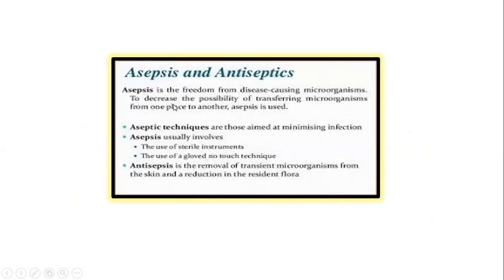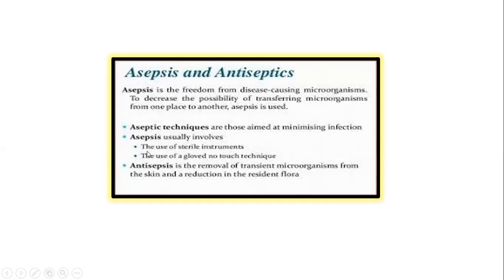There is a difference between asepsis and antisepsis. Asepsis is the freedom from disease-causing microorganisms to decrease the possibility of transferring microorganisms from one place to another. Aseptic techniques are those aimed at minimizing infection.